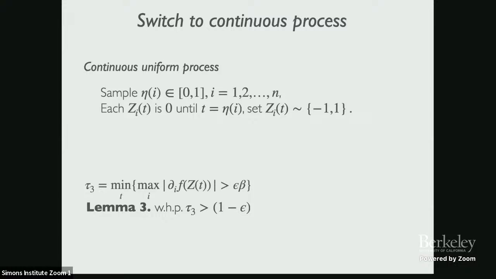Originally, we want to show the time is at least 1 minus epsilon times n, like in this 0, 1 unit, that's the right scale. And simply notice that at time t here, we, on expectation, should expose t times n variables.